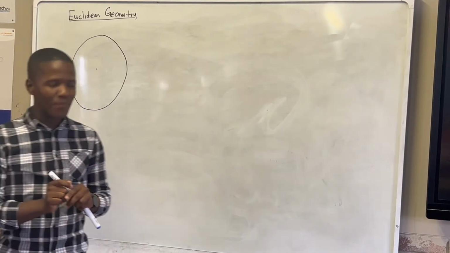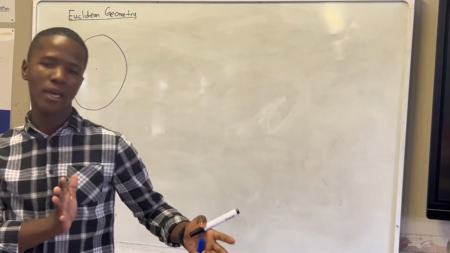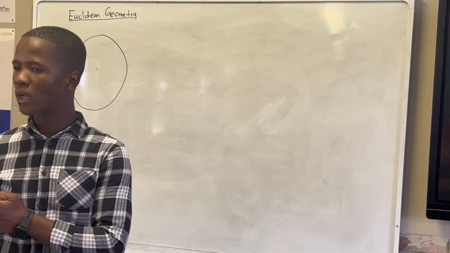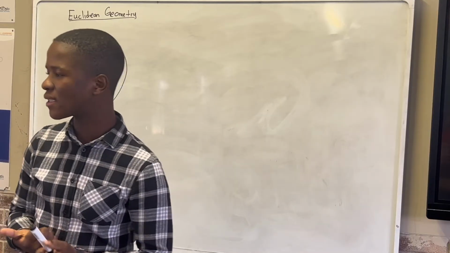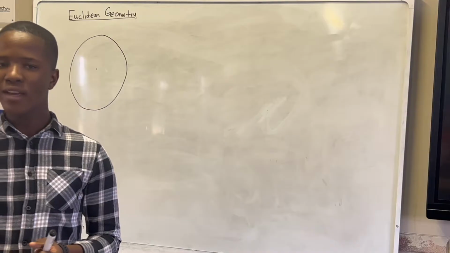Now there are various terminologies within a circle. We are going to start by understanding the first word, which is a chord.